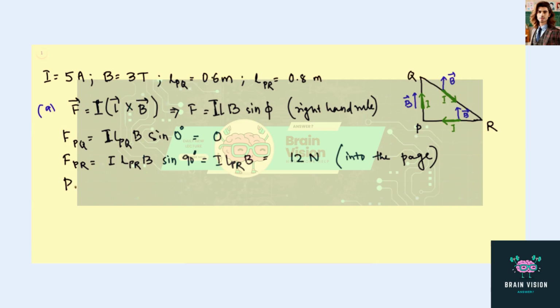Similarly, we do the same thing for QR, which is I L_QR times sine phi.